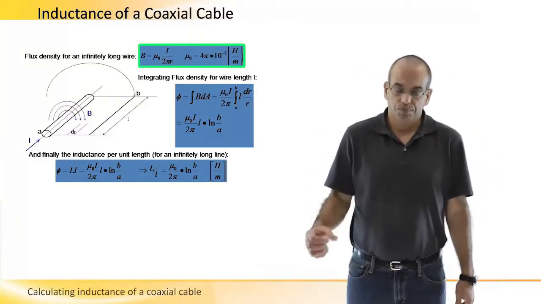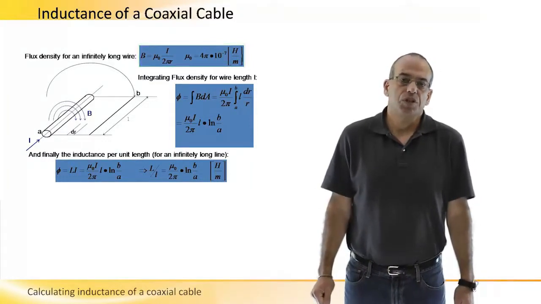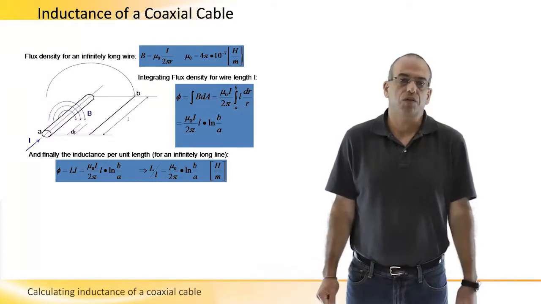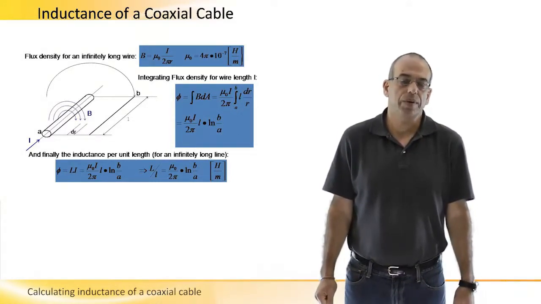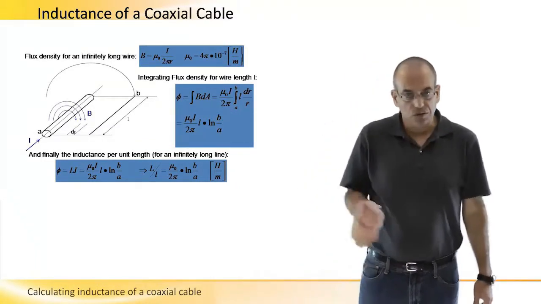What we need to do is integrate the flux that is flowing through the area between the internal conductor and the outer conductor.